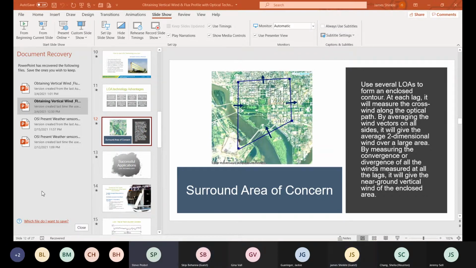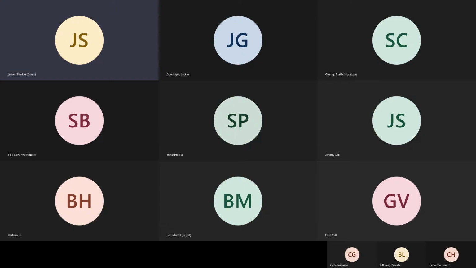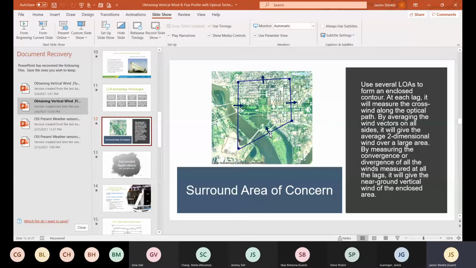Oh, can the others see the updated slides? No, I can just see slide 12. Sometimes if you close it out and reshare, that might update quicker. Let me try that. Okay, can you see it now?